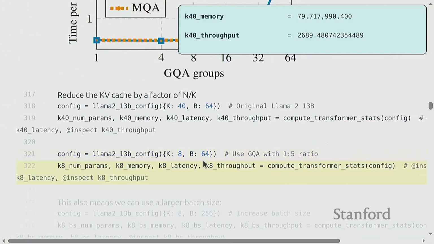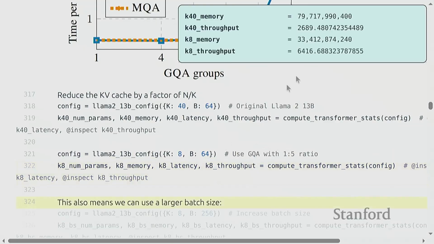And then if you run it with GQA, you see that the memory is reduced and the throughput goes way up. So this is actually great. This is what happens if I take the Llama 2 13B architecture and I reduce it so that for every key-value head, I have 5 query heads. That's what the 1:5 ratio means.